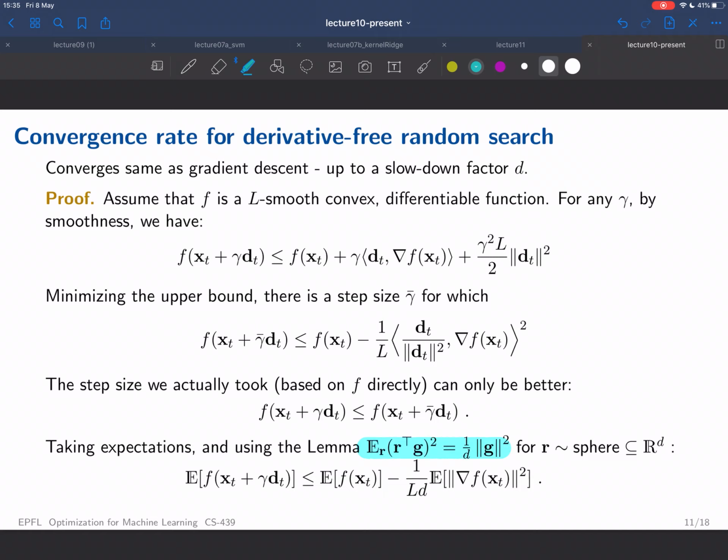Now, to get this, it's super easy if you know what a random direction does in Euclidean space. So this itself looks a bit scary, but what it's saying is that we have a given direction G, which is fixed. The role of that is the gradient, which we don't know anyway, but it's fixed.